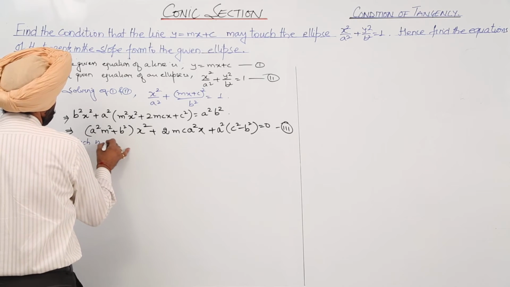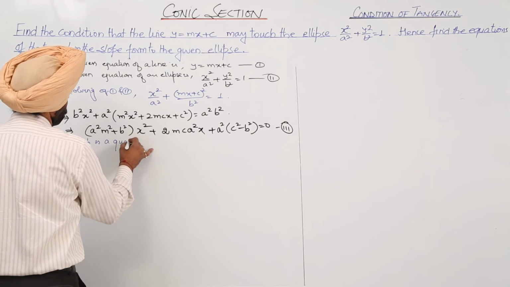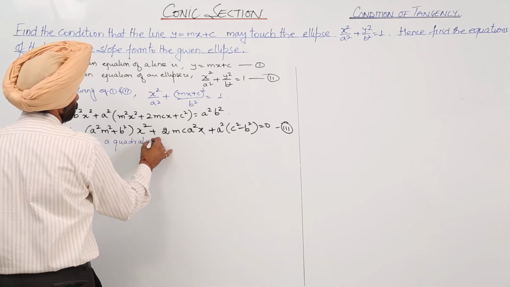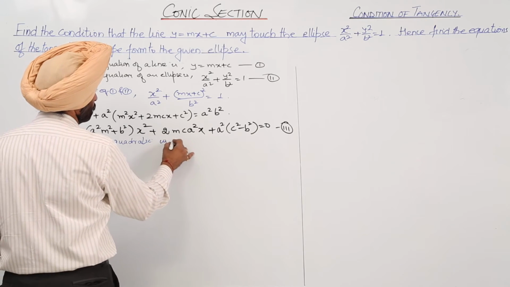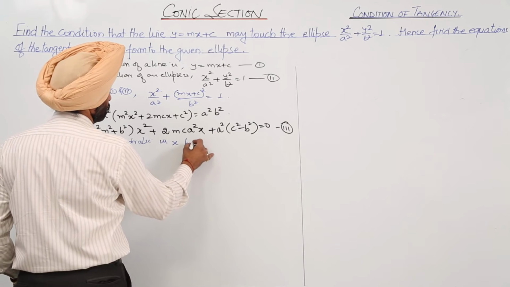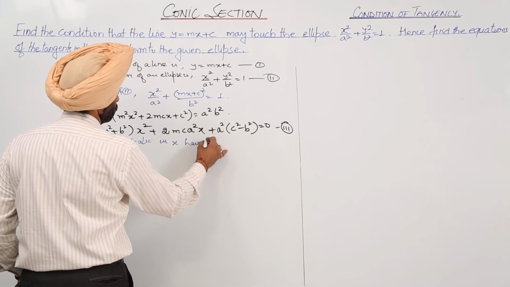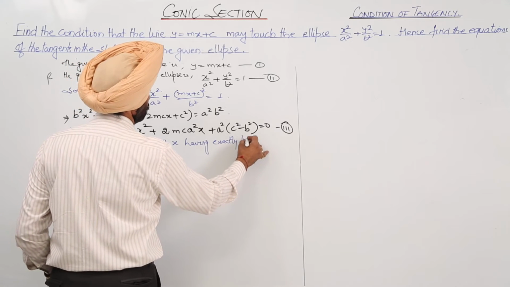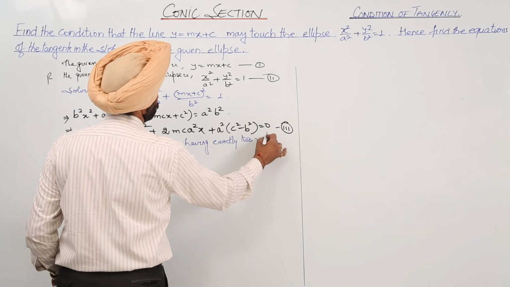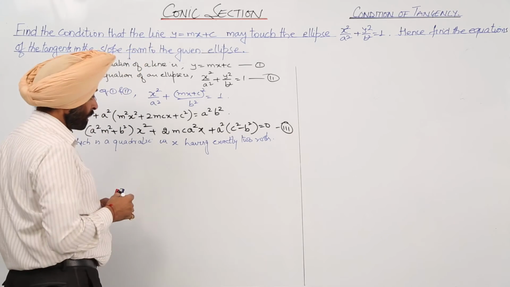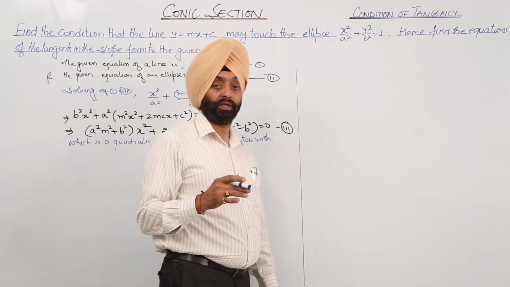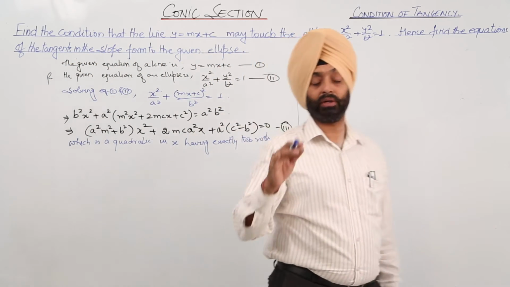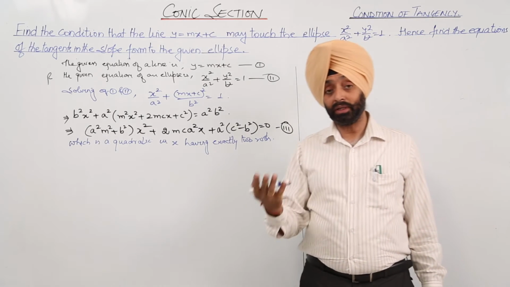Now this is a quadratic in x having exactly 2 roots. Again, since it is a quadratic, we have 3 different conditions.